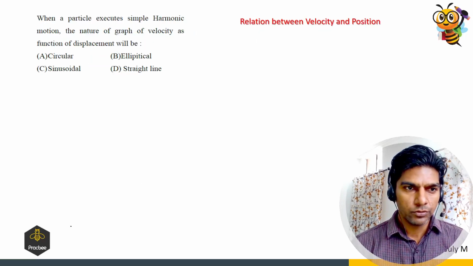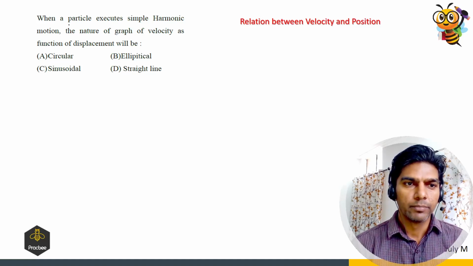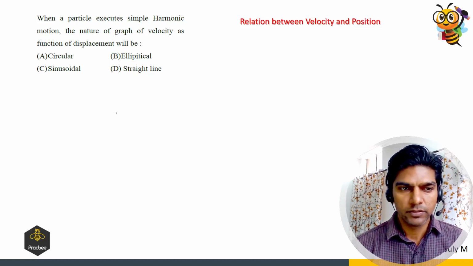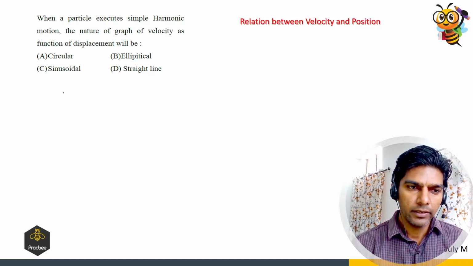Now let us see the next question. On the same problem type, when a particle executes simple harmonic motion, the nature of the graph of the velocity as a function of displacement, it will be an elliptical path, elliptical shape. Why? Let us see.